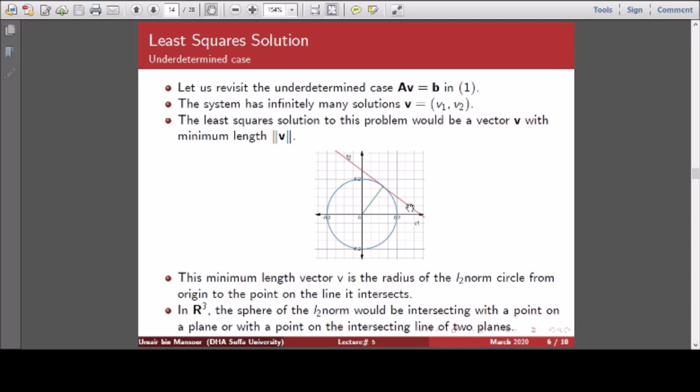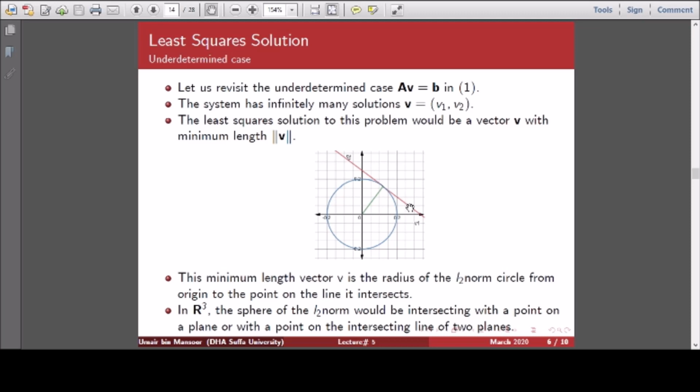So to keep it underdetermined, we can have a single equation of a plane, or we can have 2 equations of planes. So in case of 2 equations of planes, this L2 norm will look at a point where these 2 planes would intersect.